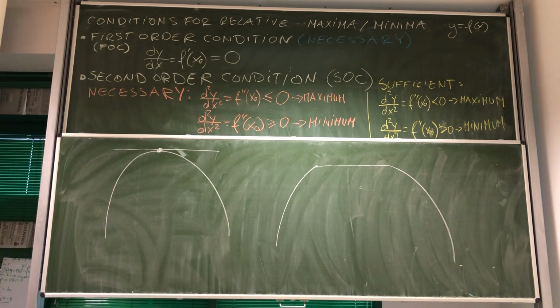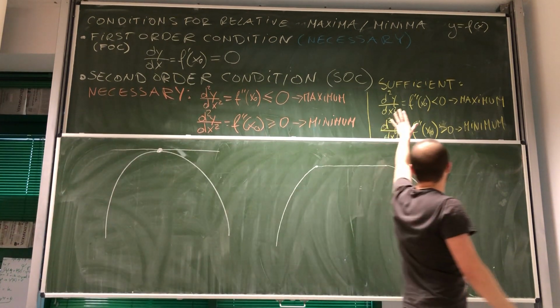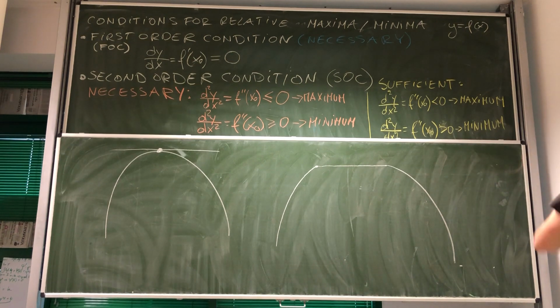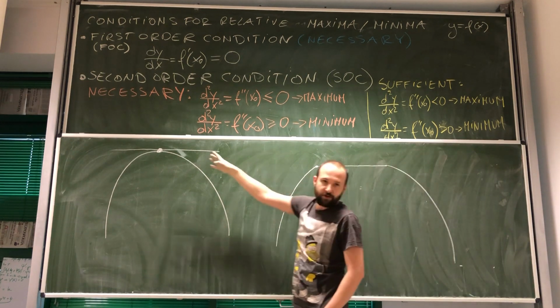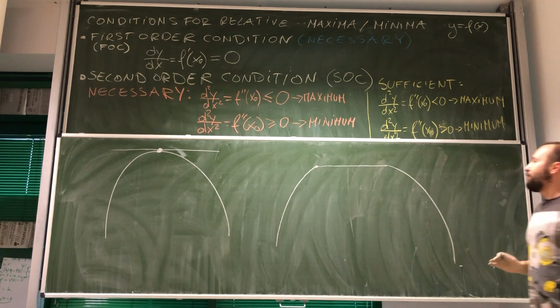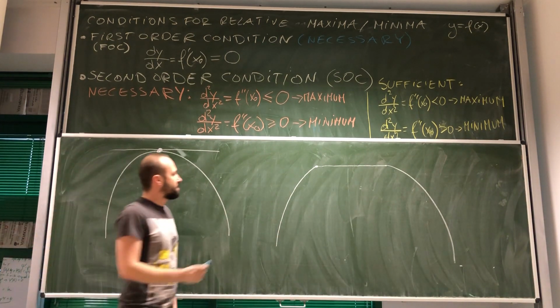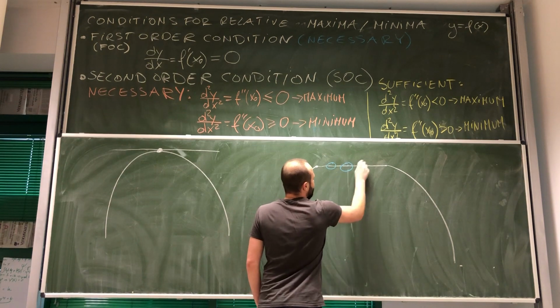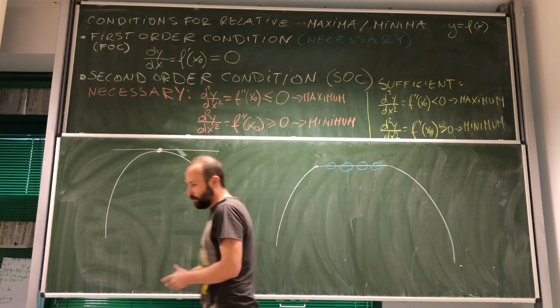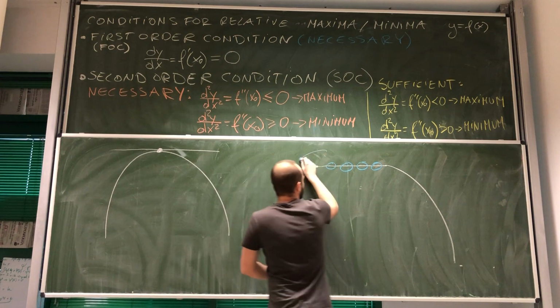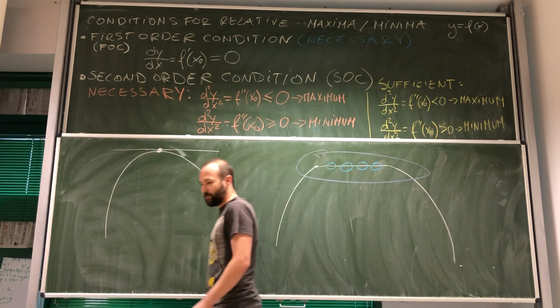Now, the difference here is that, look, if the second order condition in sufficient form is fulfilled, we can be 100% sure that we will either have a maximum like here or a minimum. But look, in this case over here, each point over here is a maximum in this neighborhood, right?